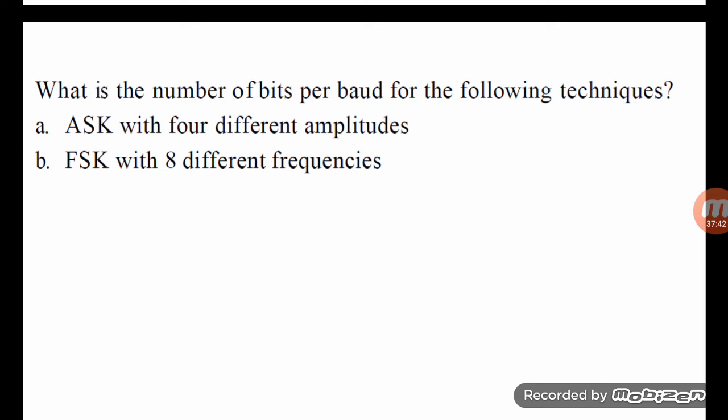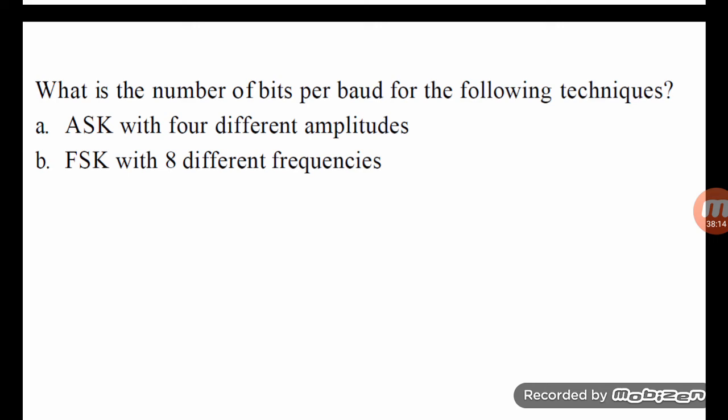For this one there is 0 volt, and for this one let's suppose it is 5. Now 4 different amplitudes means I have 0 0, 0 1, 1 0, and 1 1. I have 4. So for 0 0, I will be using some other voltage. Let's suppose I'm going to use minus 3 volts, whatever. So 4 different amplitudes means I'm using 2 bits at a time.